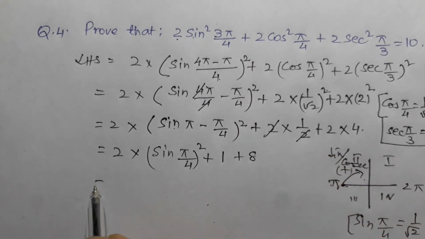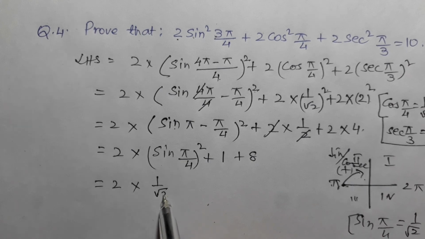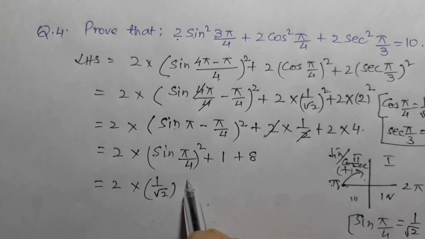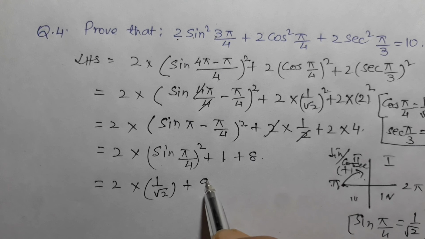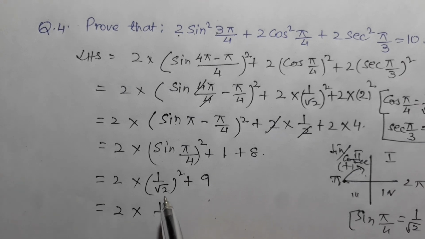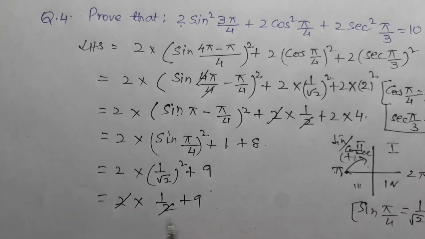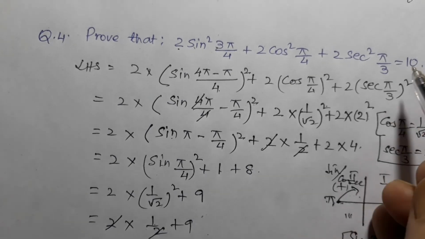So 2 into 1 by root 2 square for this place, plus 1 plus 8 is equal to 9. So it will be 2 into 1 by 2, the square will be cancelled by root, 1 by 2 plus 9, this 2 and this 2 will be cancelled, so it will be 1 plus 9 is equal to 10, and this is the value of RHS.